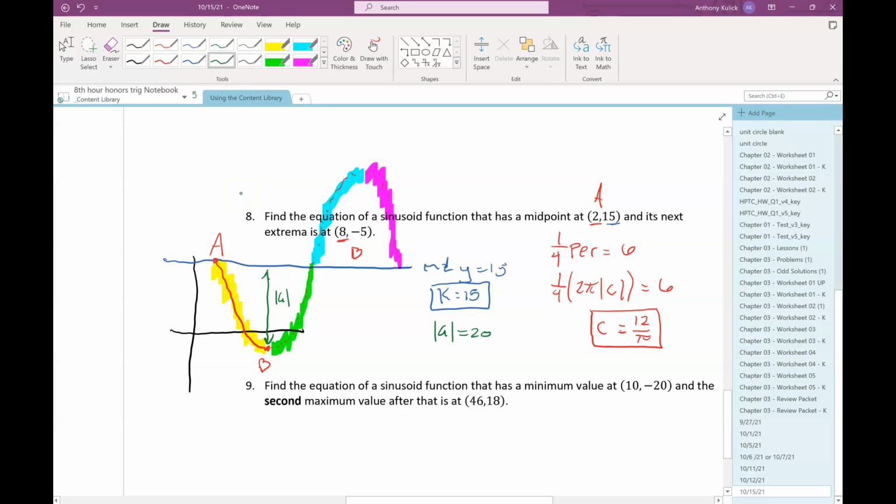No. So I drew the picture, right? Point A and point B are the two points I've been given. And then I sketched in what the rest of a period would look like. So I finish going back to the midline, go up to the maximum, and go back to the midline, so it's one full period that I've drawn of my graph.